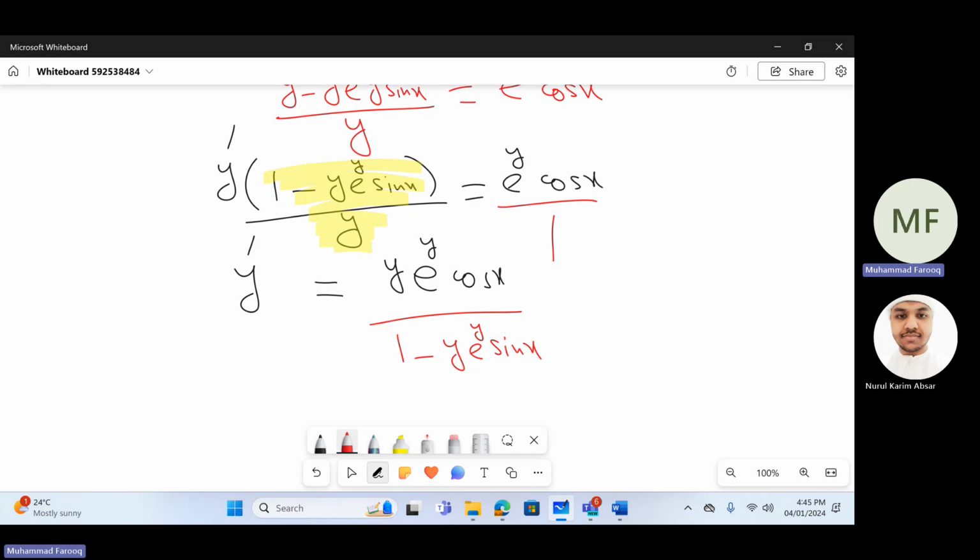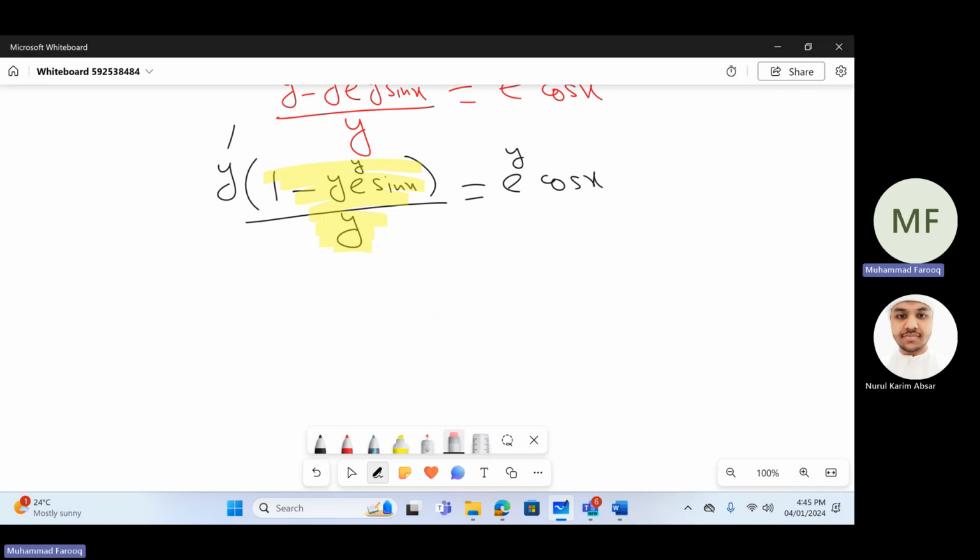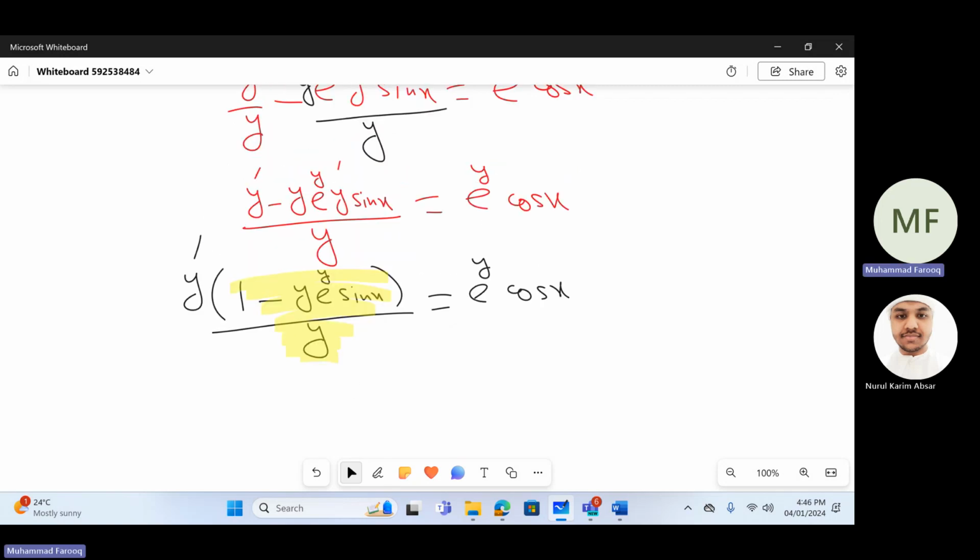Sir, can you please repeat the last step? This one? Yeah. I think I should go the other way. Maybe you have some confusion, don't worry. Okay, right. I can do the cross multiplication. So when you make it go to that side, you get minus, to keep it plus, we flip it. No, please, when you send it to the other side, if it is a product, no sign change, please.